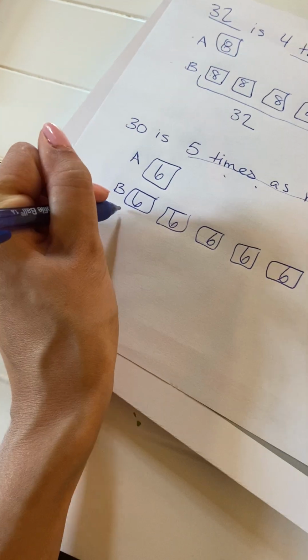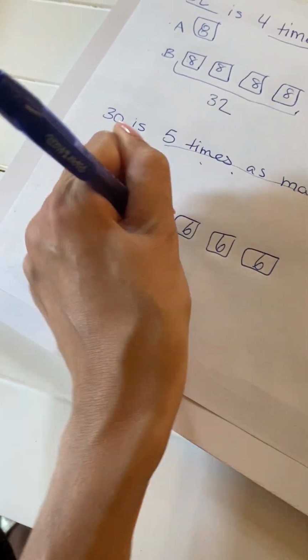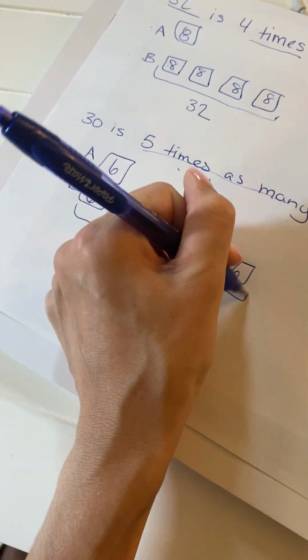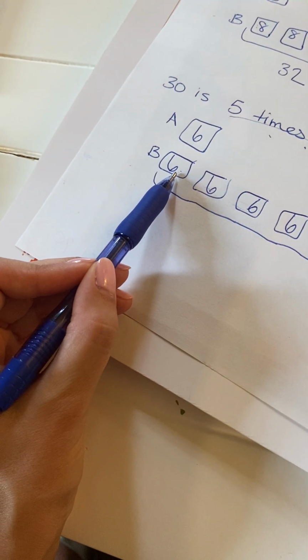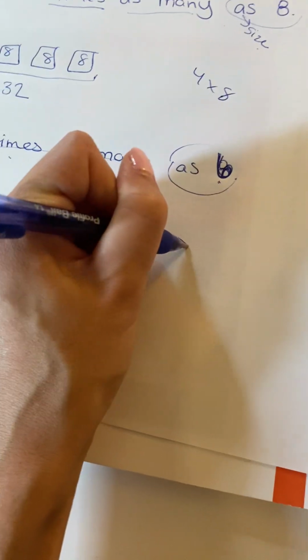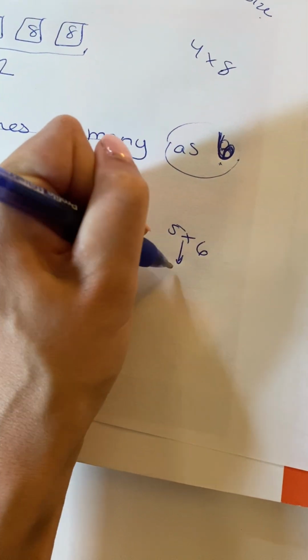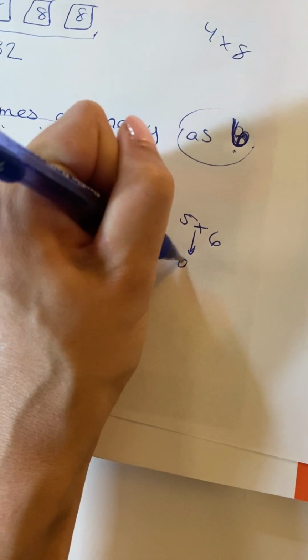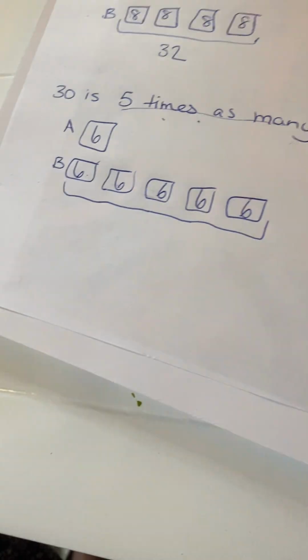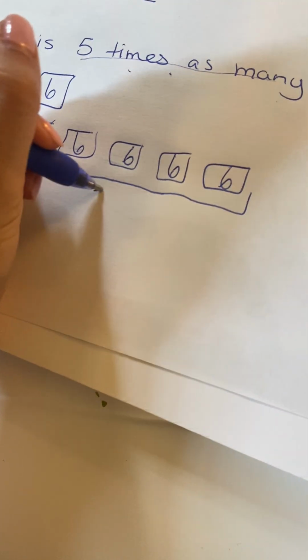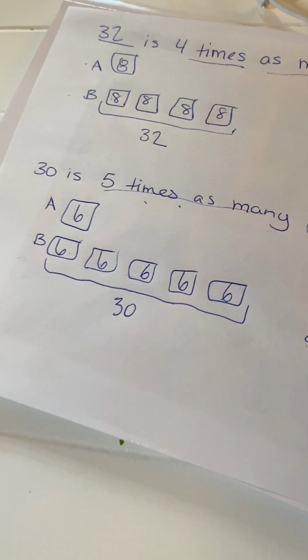So always put in your bracket. I'm holding the phone, so I'm not able to hold the paper. So we see cinco grupos de 6, 5 groups of 6, remember the multiplication means of, 5 groups of 6, okay? And that gives me a grand total of 30, okay?